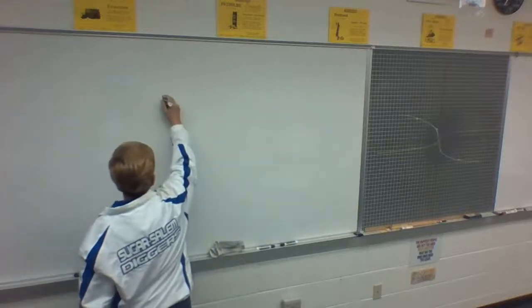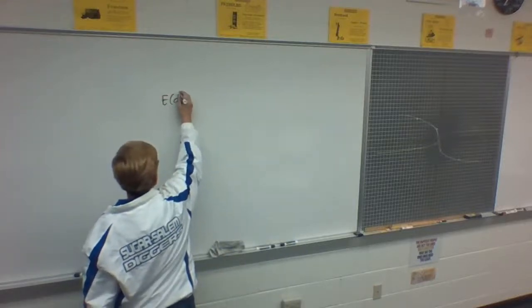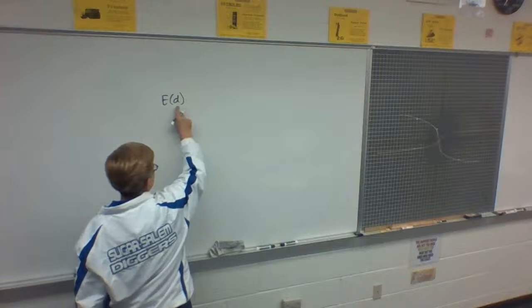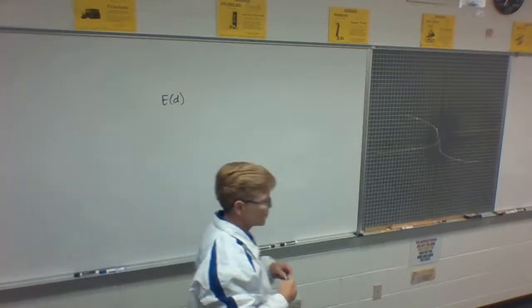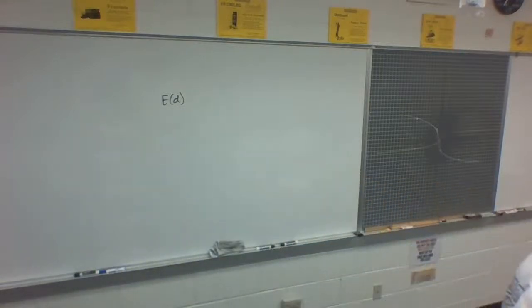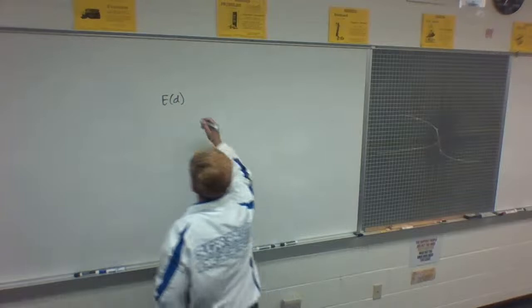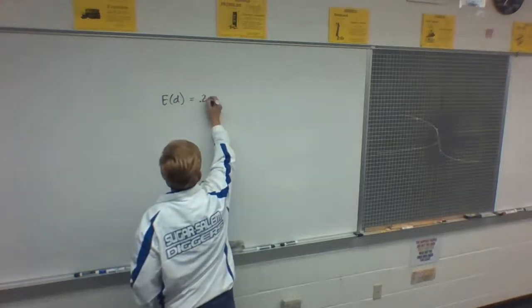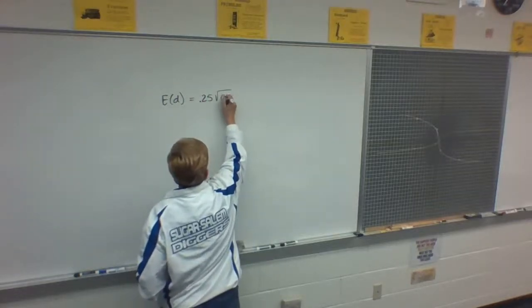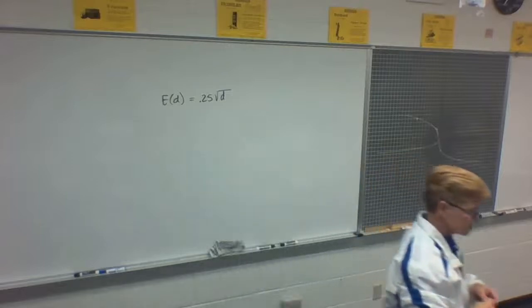They've got a capital E of d. What it means is the letters that they're using have got some meaning in this problem. So we're not using f of x or g of x. We're using E of d. And it says E of d is 0.25 root d. And they're going to explain what this means here in just a second.